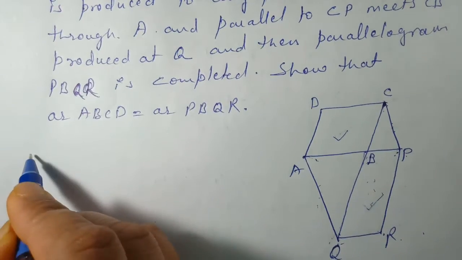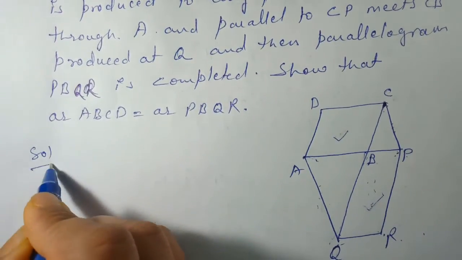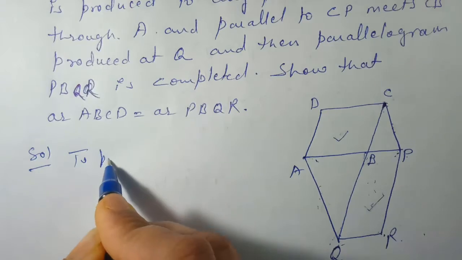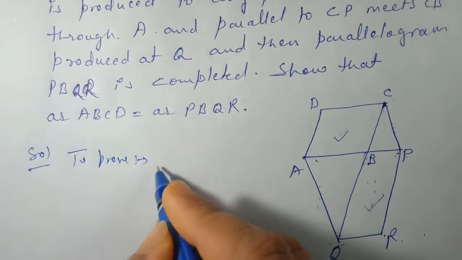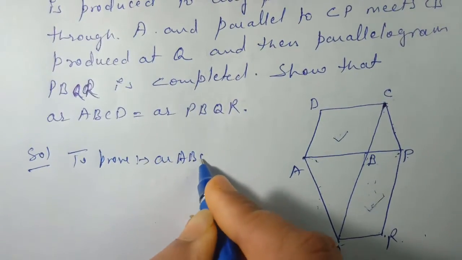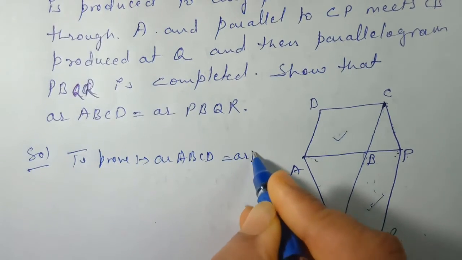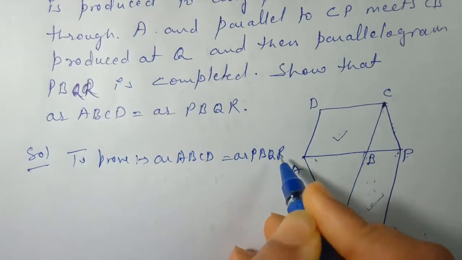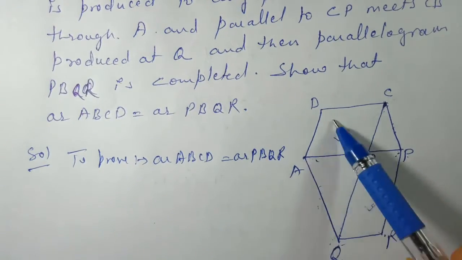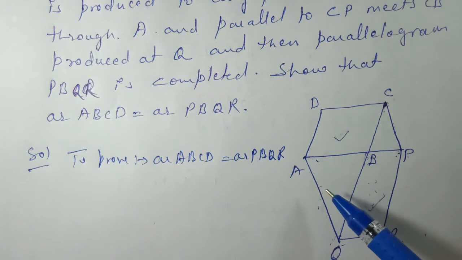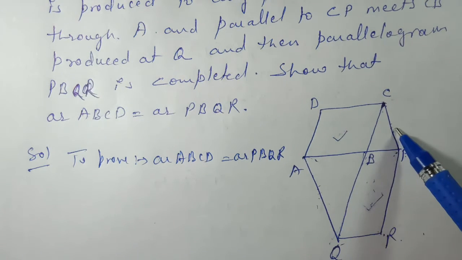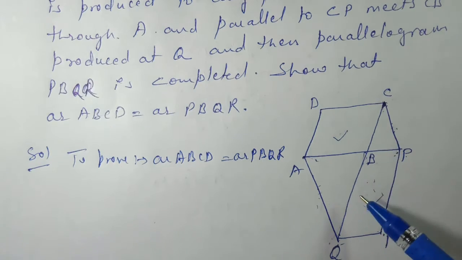So how are we going to prove it? We have to prove area of ABCD is equal to area of PBQR. We are going to apply the concept that figures on the same base and between the same parallels are equal in area.